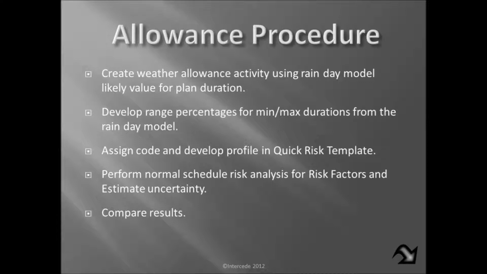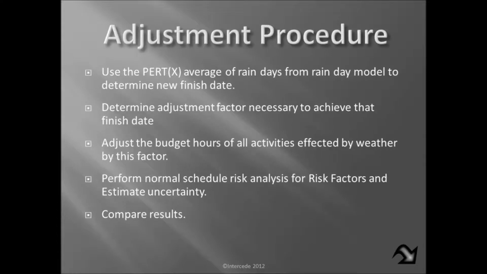We're going to assign a code and develop the profile in the QuickRisk template, and this allows us to run it multiple times if we have to. Then we're going to perform the normal schedule risk analysis for risk factors and estimate uncertainty. And then we're going to compare the results with what we achieve via the allowance, and just running the weather module alone without attempting to run risk factors.